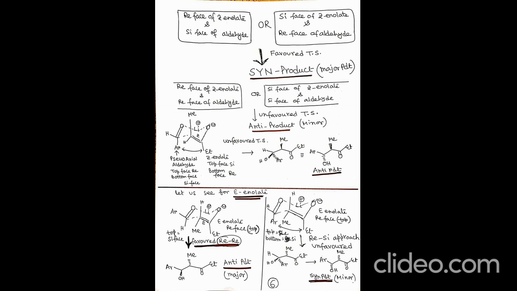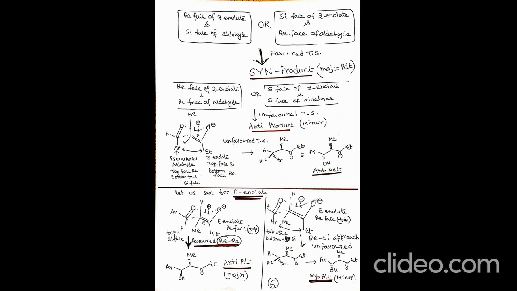Now when we consider the reaction of the E enolate in place of the Z enolate, the situation is completely reversed. In this case, when the re phase of the E enolate interacts with the re phase of the carbonyl, or the psi phase of the enolate reacts with the psi phase of the carbonyl, this reaction proceeds through the favorable transition state and gives rise to the anti-product as the major.